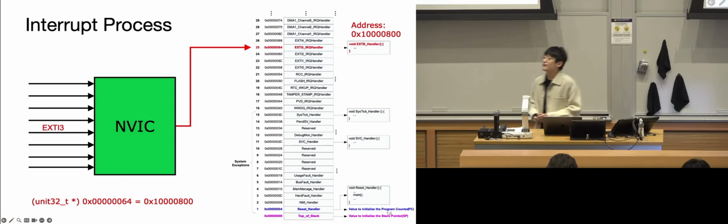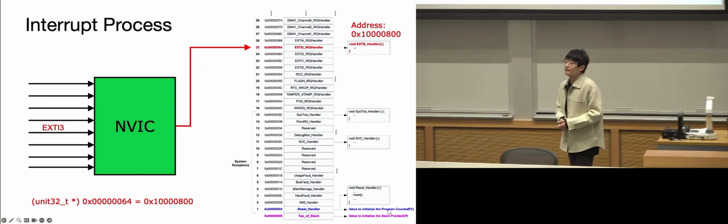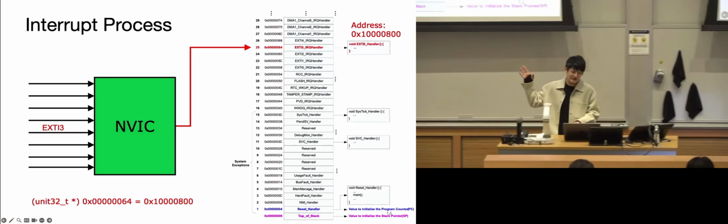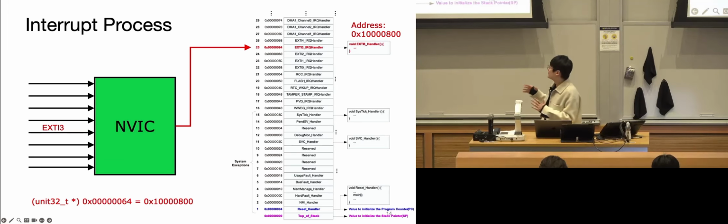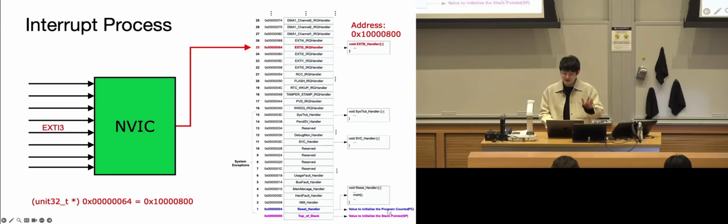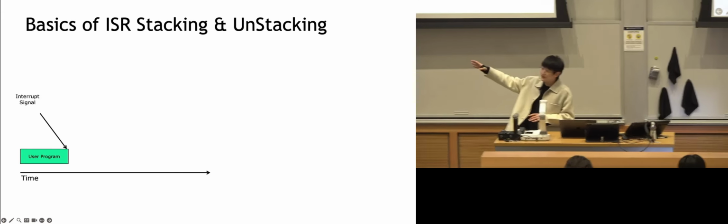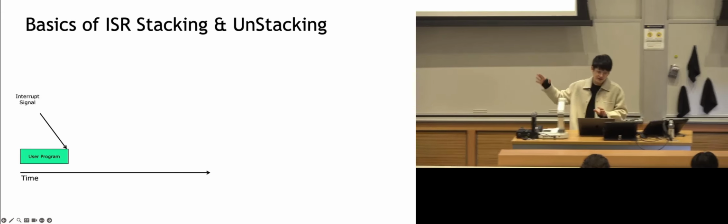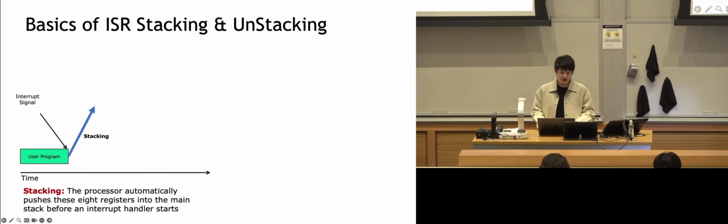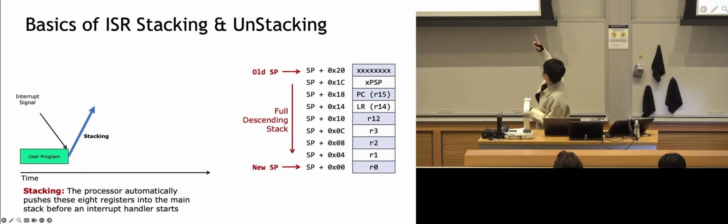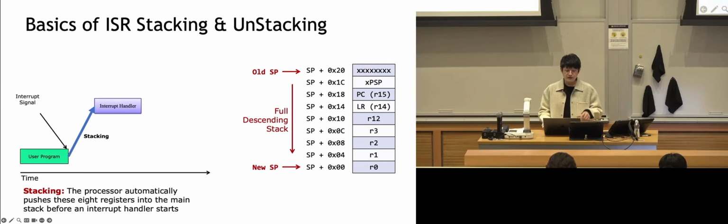Where is external interrupt priority handled? Oh, that's what's going to happen next. This is just if there is only one interrupt occurring. One more example on the simple case with just one interrupt: the program is executing its normal stuff, and then an interrupt signal occurs, and the hardware does stacking, taking all of these registers into the stack, and then goes to the interrupt handler function.